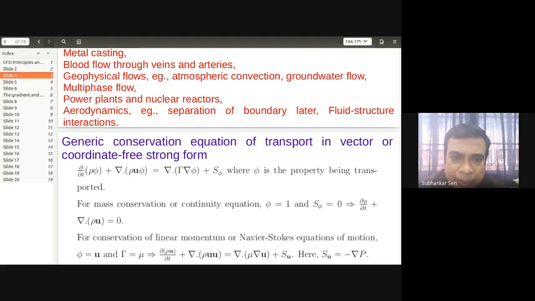Now, this third term, the diffusion term, is a second order term, and the remaining terms are first order terms. So this is a second order partial differential equation. It means that in this equation, there are different derivatives. So derivatives like, if we talk in specific coordinates, del phi del x, del phi del y, del 2 phi del x2, del 2 phi del y2.